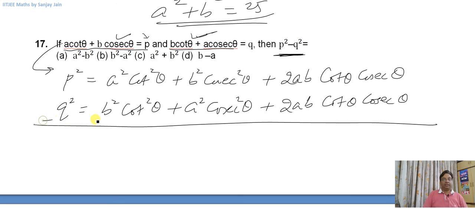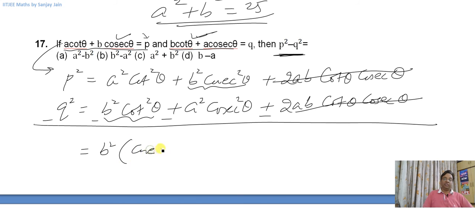When I subtract these, this will be cancelled, and let me use this term and this term first, because there is b square in these terms. So let me take b square outside and write cosecant square theta minus cot square theta. I hope you know where it is going now.